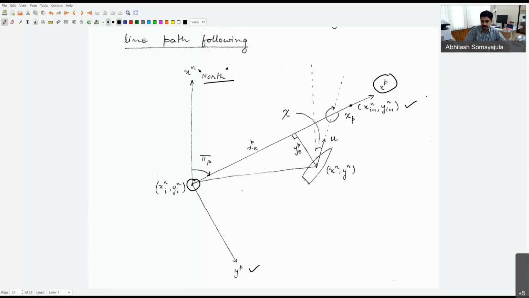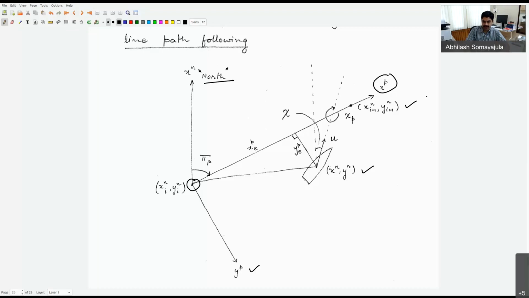Okay. Now, let's assume that at any current time, the location of the craft is xn, yn. Whenever I put this superscript n, I mean that these quantities are in the north-east-down frame. It has a velocity vector pointed in this direction, called u, and we look at the angle between the north direction and this velocity vector.